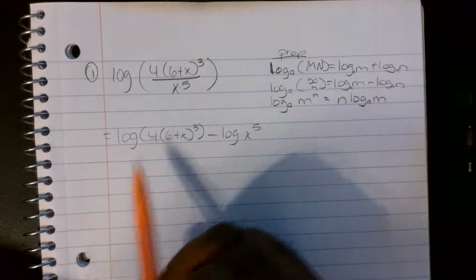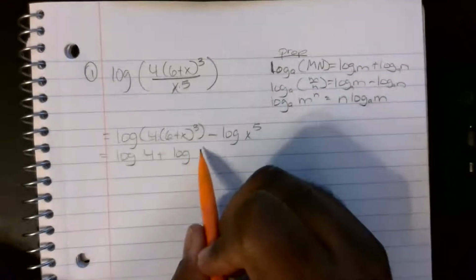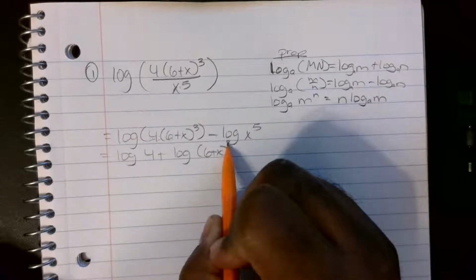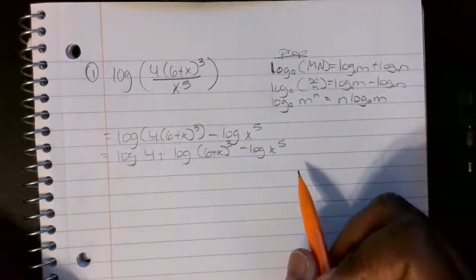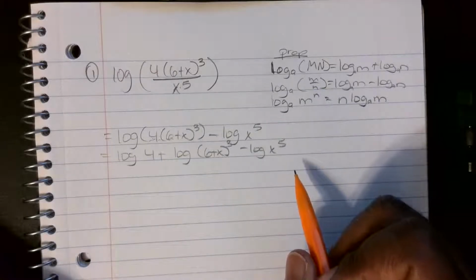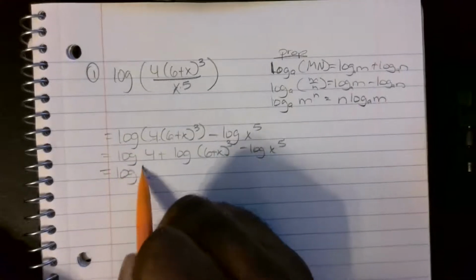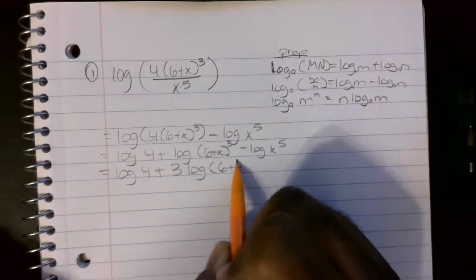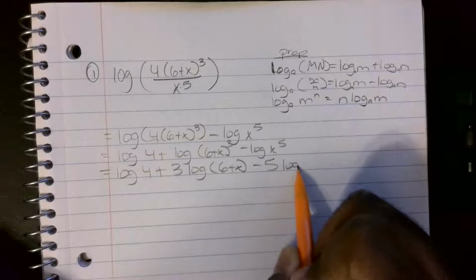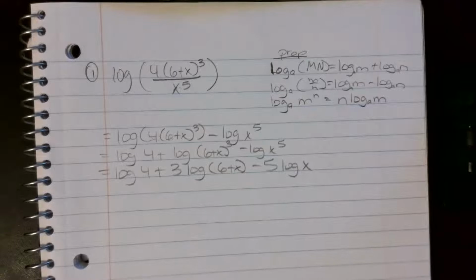So this is log of 4 plus log of 6 plus x cubed minus log of x to the fifth. The last one is we're going to deal with these exponents. So this is log of 4 plus 3 log of 6 plus x minus 5 log of x. And we have successfully completed this and expanded it completely. Nothing else we can do.